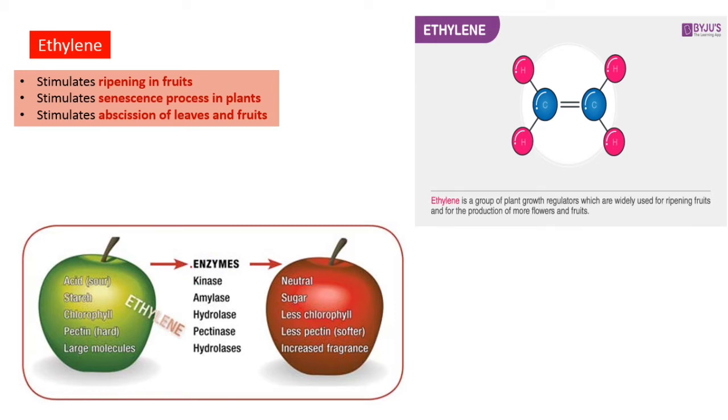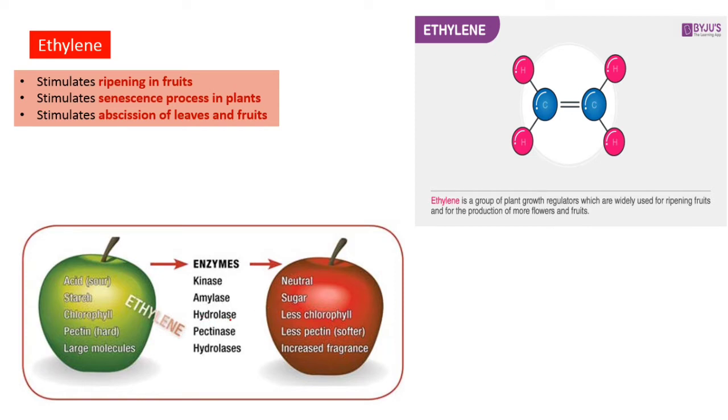The enzyme will convert the acidic, sour fruit into neutral. The amylase enzyme will hydrolyze starch into sugar, making the fruit more sweet.